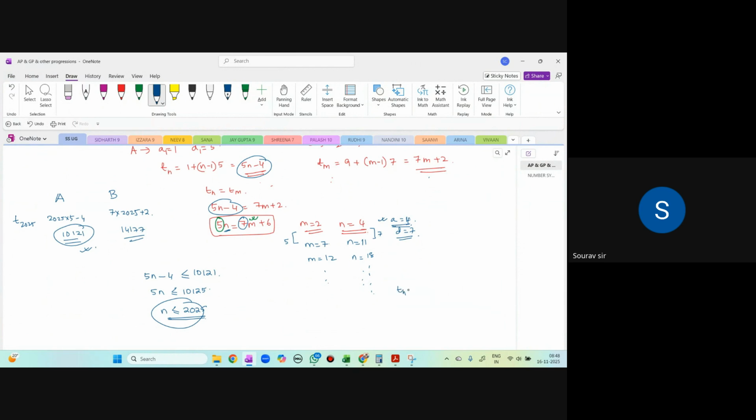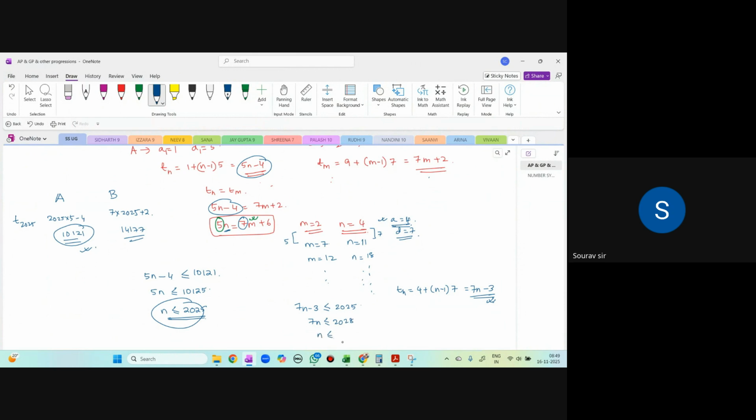So the nth term of this series will be 4 plus n minus 1 into 7, which is 7n minus 3. So 7n minus 3 has to be less than or equal to 2025. So 7n has to be less than or equal to 2028.